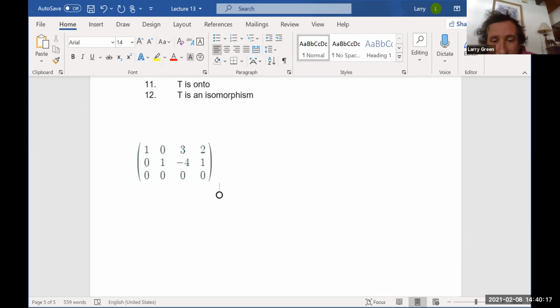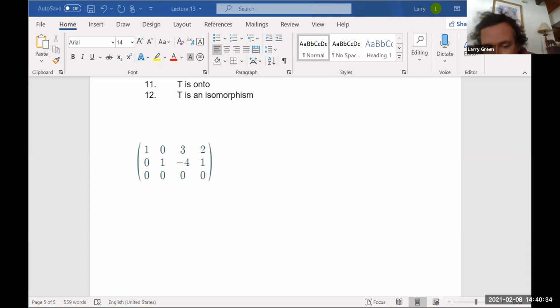So again, from the question, we wanted to find the image and the kernel. So how do we find the image and the kernel? And I guess I should show you the original matrix too, because it'll be confusing if we don't have that. So let me get that.